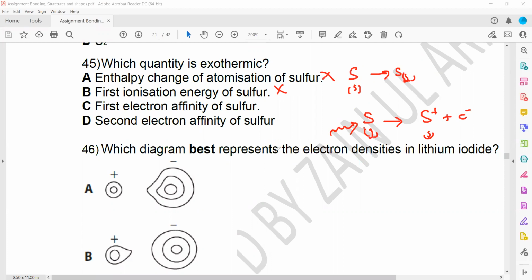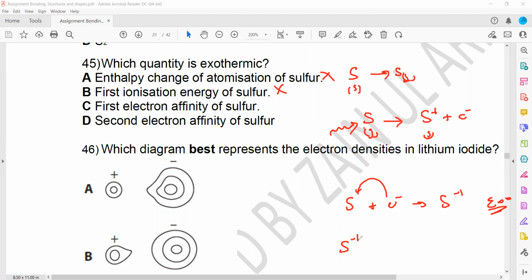Next, first electron affinity. Electron affinity is the energy released when an electron is added. For example, you have sulfur and you add an electron, so it will form S minus, because when an electron is added, the charge will be negative. So first electron affinity, because bond forming is always exothermic. And second electron affinity will be endothermic.